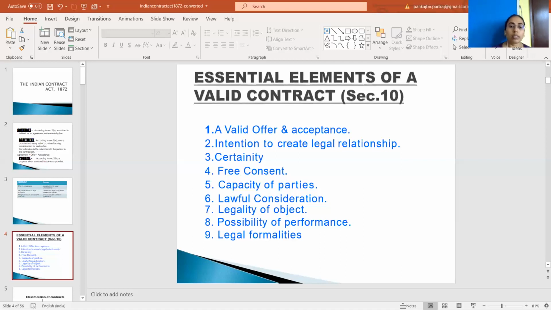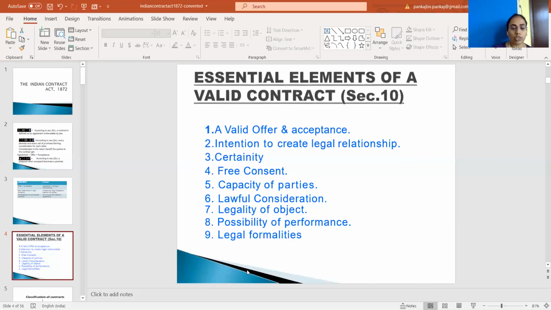And the last one is legal formalities, like paperwork and bills should be there, or the contract should be in written form and duly stamped by the parties in the contract. These are legal formalities which are required to enforce the contract lawfully.